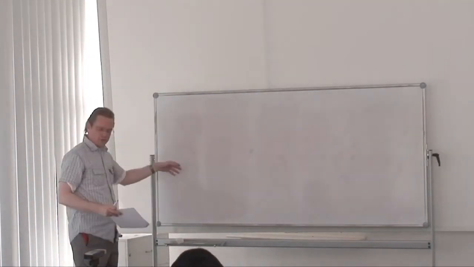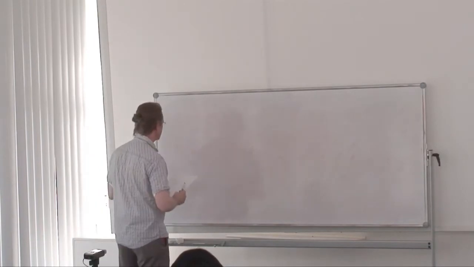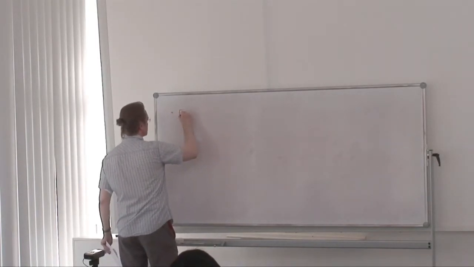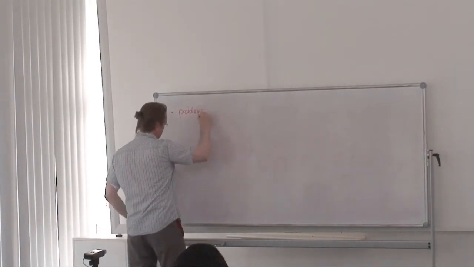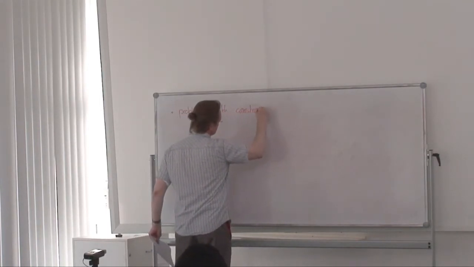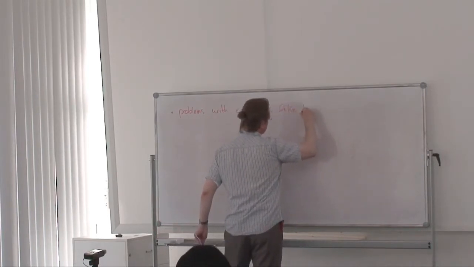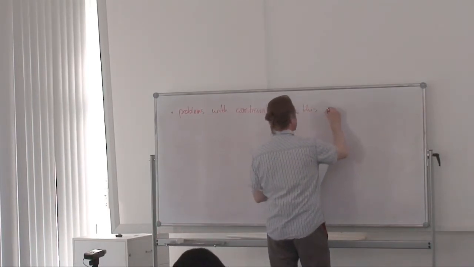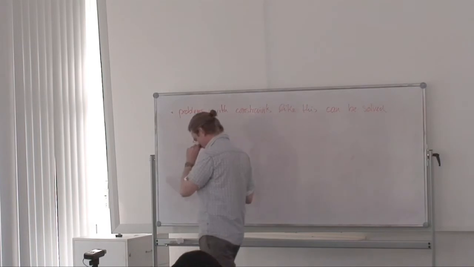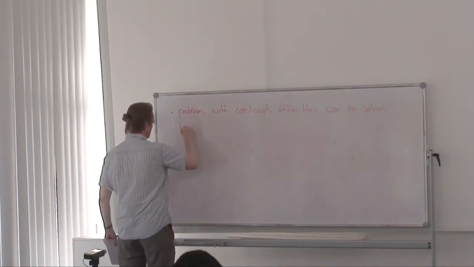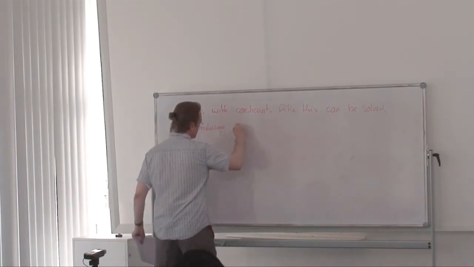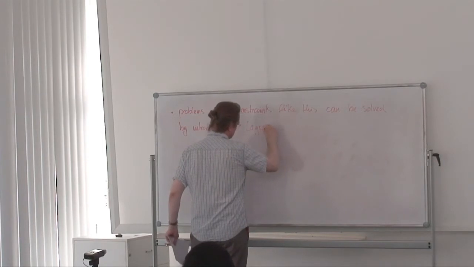But again, this is just one constraint, and the constraint is an equality constraint. It doesn't get any easier than that. Problems with constraints like this can be solved by introducing a Lagrange multiplier.